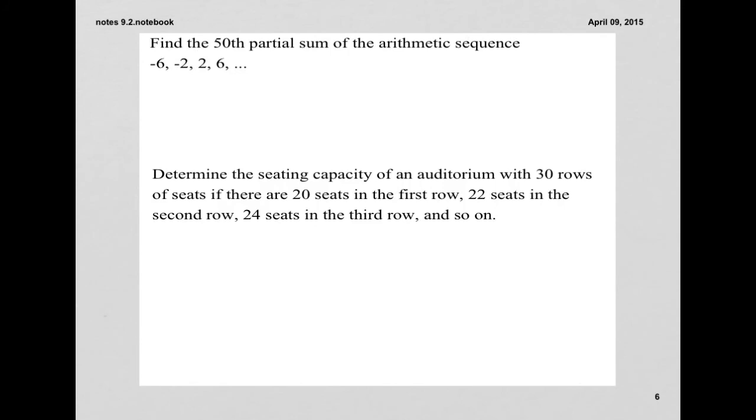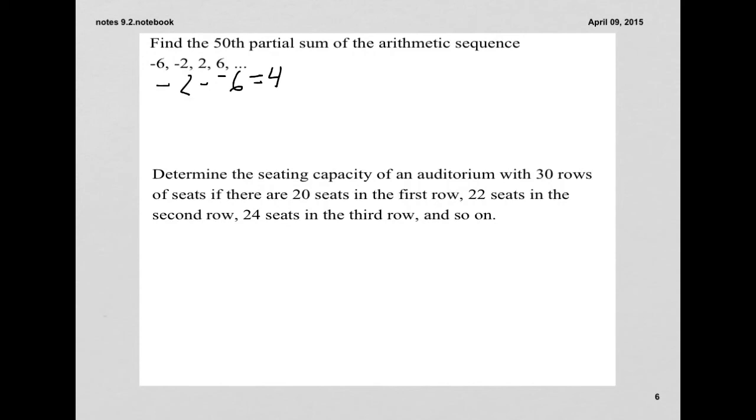Next, we want to find the 50th partial sum of the arithmetic sequence -6, -2, 2, 6. First thing we need to look for is the common difference. Well, we do -2 minus -6, and that's going to be equal to 4. And we can continue on, and we can find that, yes, the common difference is 4.